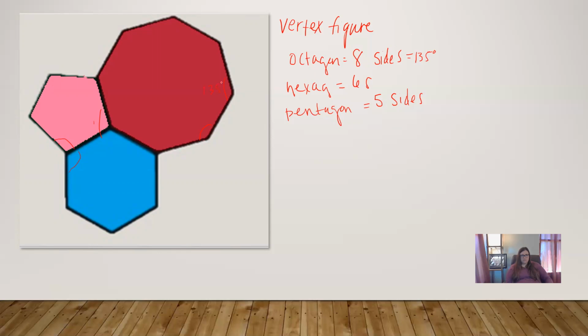This hexagon is going to be 120 degree interior angles. And pentagon, 5 sides, a regular pentagon, has 108 degree interior angles.